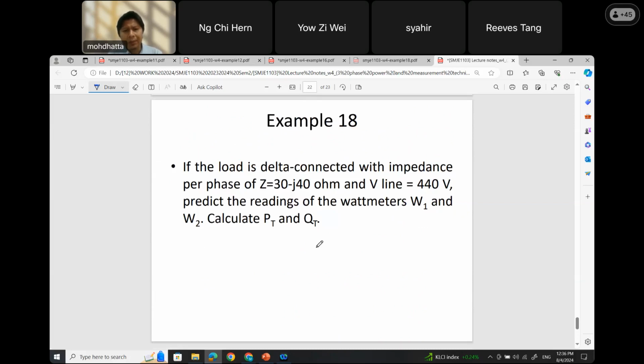In this example, we'll go through the question first. The load is delta connected with impedance per phase, meaning that this is delta connected load.